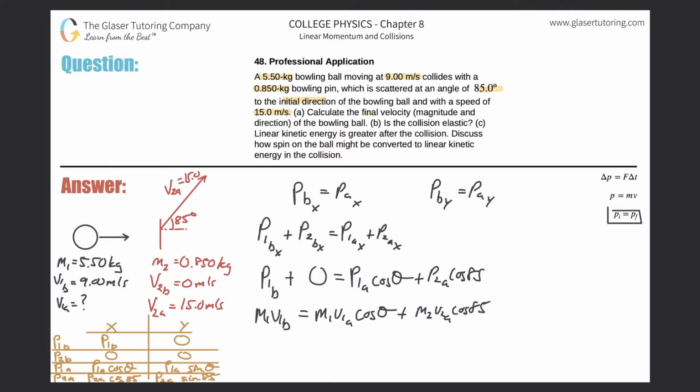Remember, all I'm doing is applying that momentum is the same as mv, so I'm just breaking up all of these momentums into their respective mass and velocity. Now remember, what we're after is the final velocity of the bowling ball, which is this variable right here. So now all I have to do is some algebra to solve for it. Subtract this term over to the left-hand side, and then divide everything.